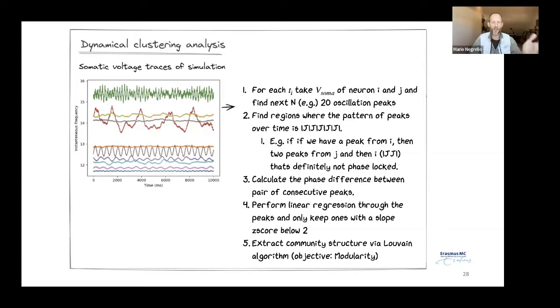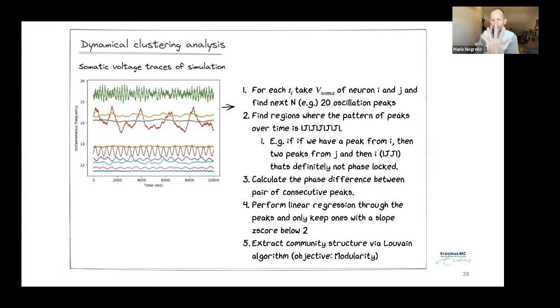For each time that we want to see if there's a dynamical cluster, we find the next 10 oscillation peaks. We find regions where the pattern of peaks between two pairs of cells is interleaving. Because if there are two oscillations of one cell between the two oscillations of the other, then they cannot be phase locking.